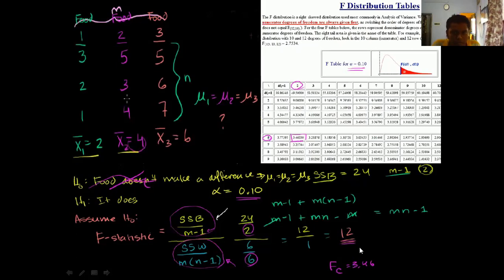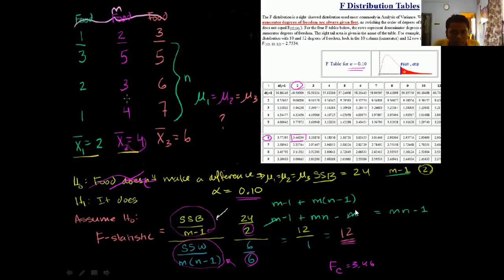And from the result, 12 is a very large number. So even without checking the F distribution table, you can easily understand that in this example, the variation between the groups is sufficiently larger than the variation within the group.